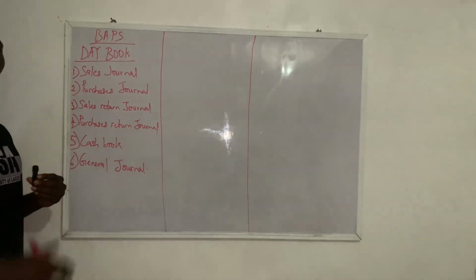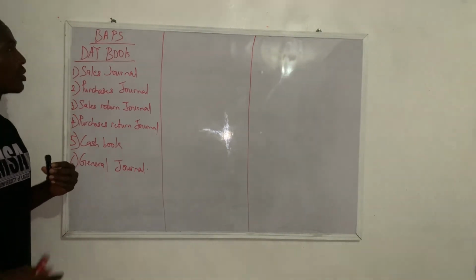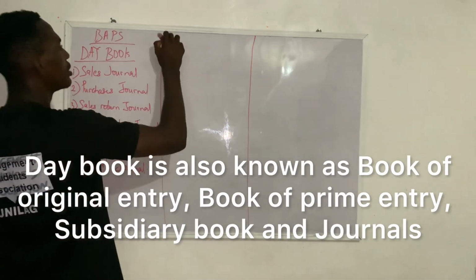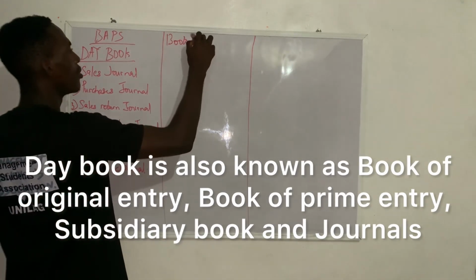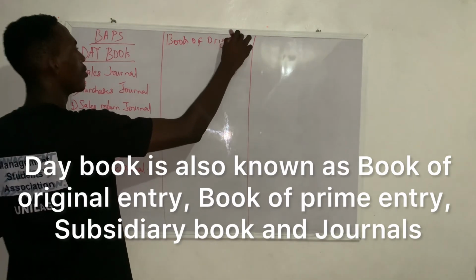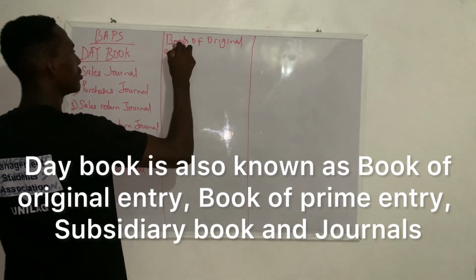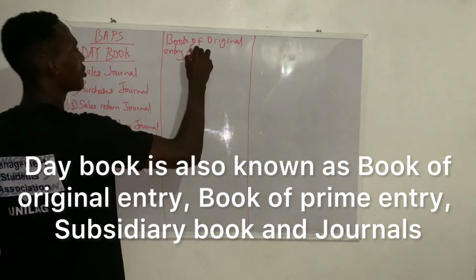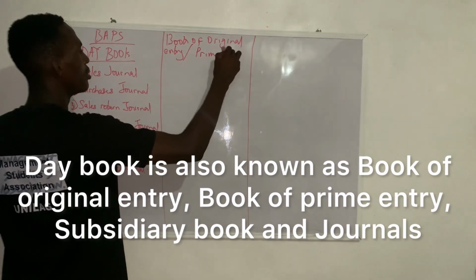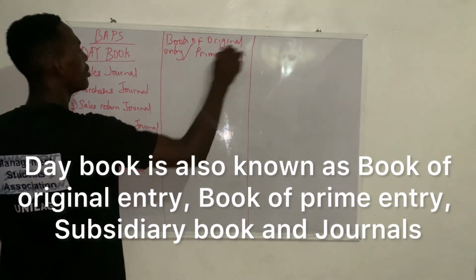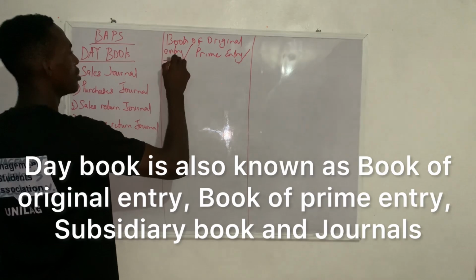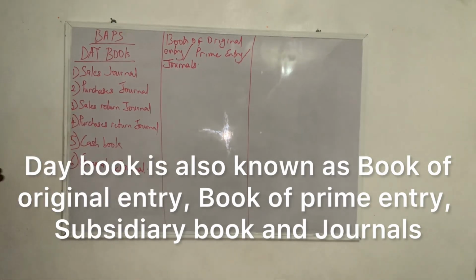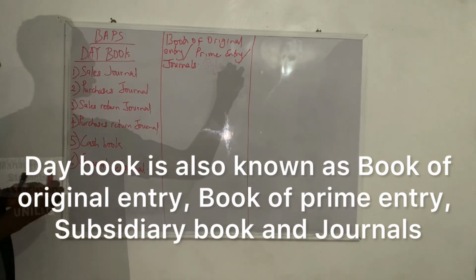Another name for daybook is book of original entry, or you can say book of prime entry. You can also call it journals.